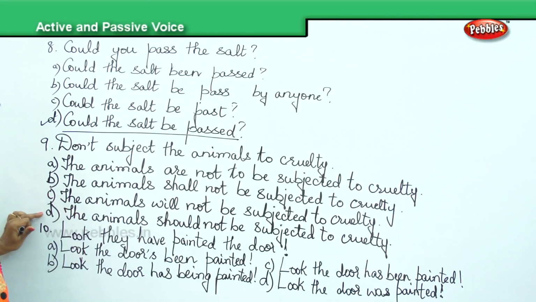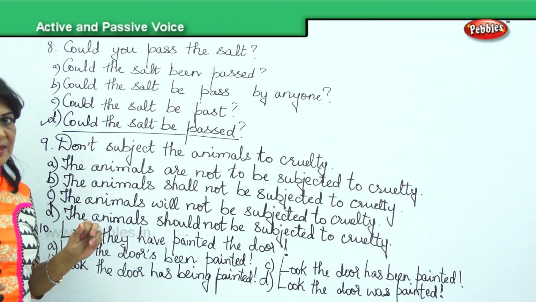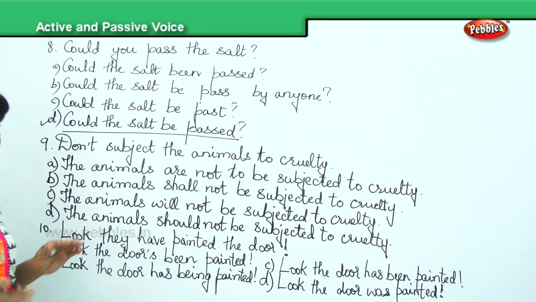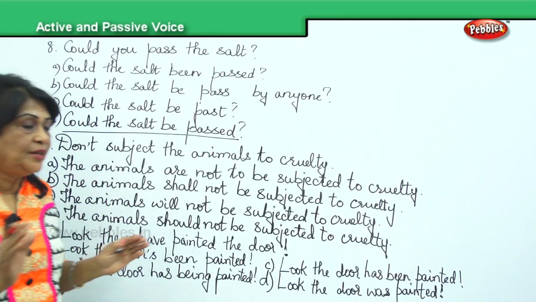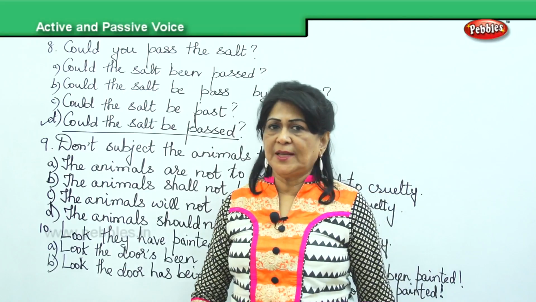Now, which can be the best option out of these two? Don't. Don't is an imperative sentence. Okay. So, out of these two, you have to apply the rules. I taught you the imperative sentences. What is an imperative sentence?